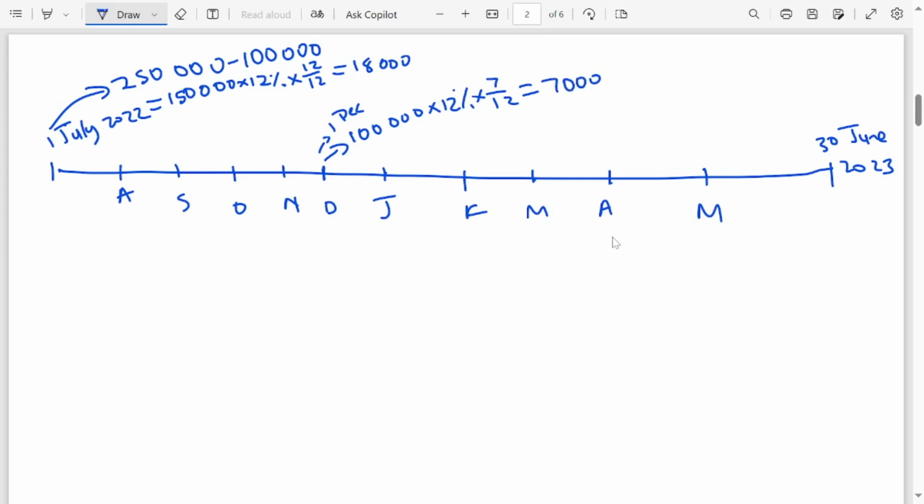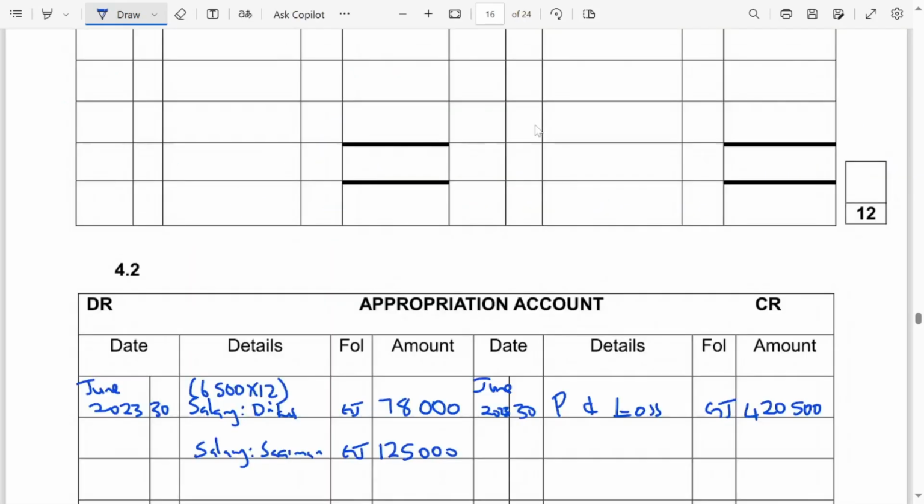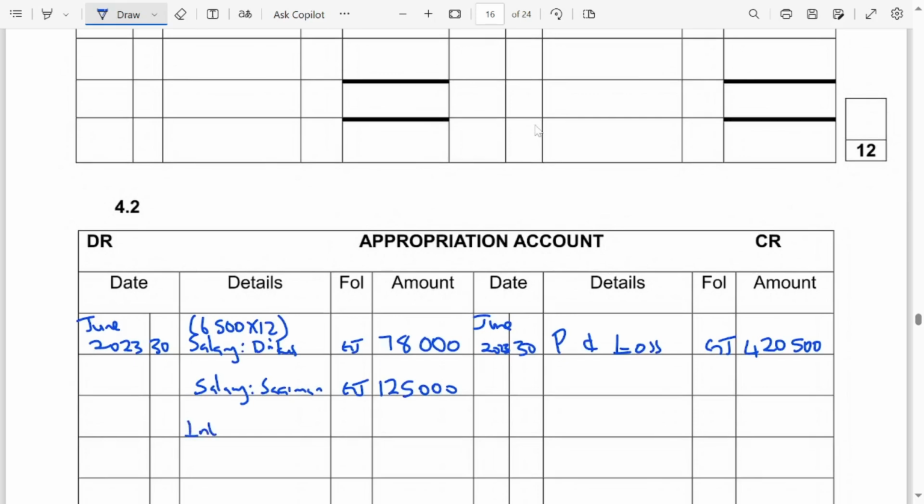So now we know the interest on capital for Rico's, right? So interest, we go and record it. Interest on capital. So we have the 18,000 plus 7,000 plus.